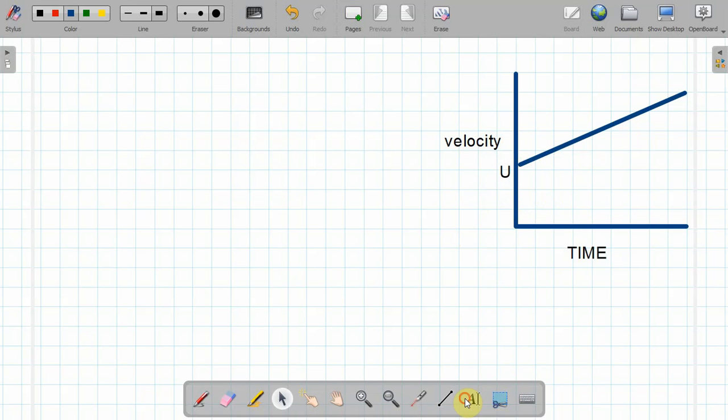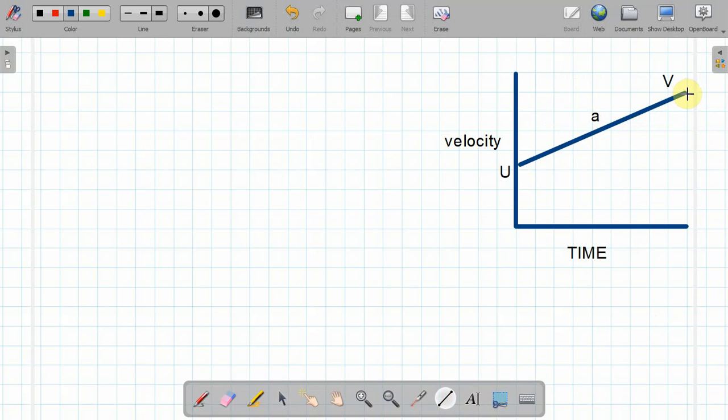Now after time t, the particle acquired the velocity v, and this v is nothing but the final velocity. Now during this time the particle acquired the acceleration a. So this is the acceleration of the particle.